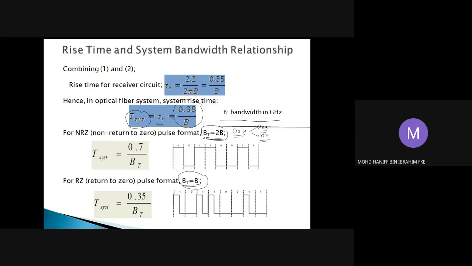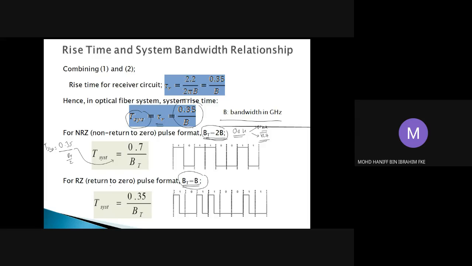And as such, when we substitute B based on the equations here, for the case of NRZ, we can see that tau sys will be equal to 0.35 divided by B, which is BT, the bit rate, divided by 2, and we end up with the rise time for NRZ line coding being 0.7 divided by BT, or 0.7 divided by the bit rate.